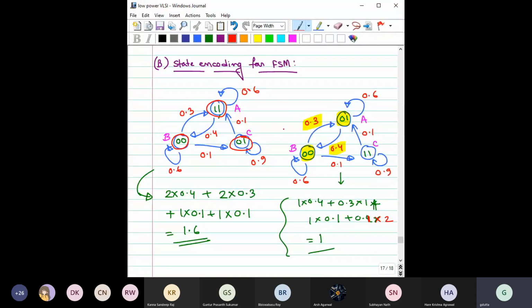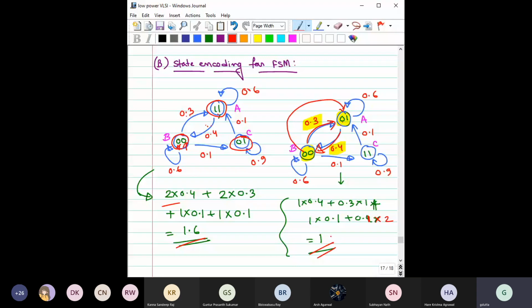In the last class we discussed this, and we have seen that we have to define the states such that for the states between which the transition probability is highest, we assign a smaller number of changes between these two states. So for example, see here the transition probabilities are 0.3 and 0.4, and here both bits are changing, right? So here the total transition is 1.6, whereas for this, the total transition becomes 1, right?